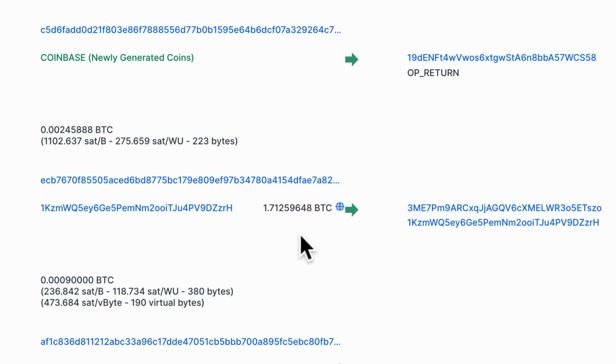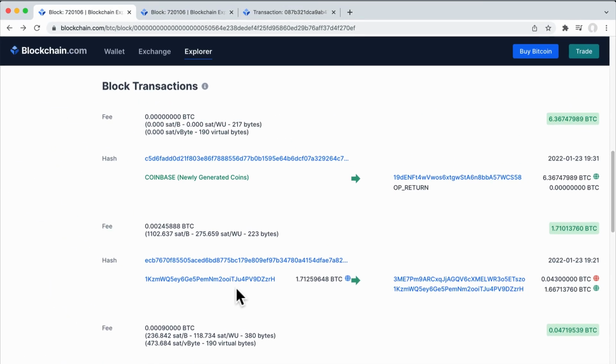We now know that with Bitcoin, transactions can have multiple recipients, but also multiple senders, believe it or not, which would mean that the Bitcoin is being pooled together from multiple wallet addresses. Let's find an example.